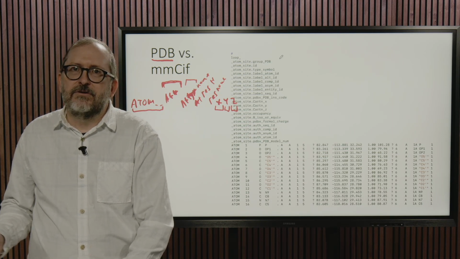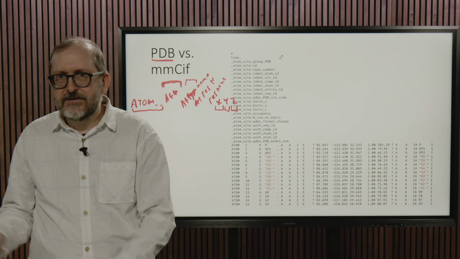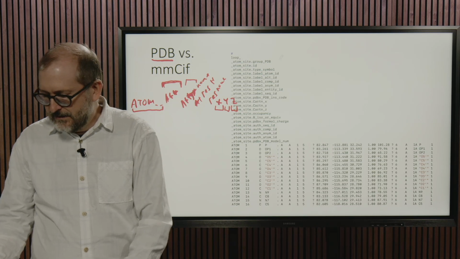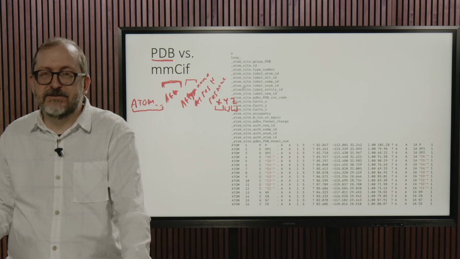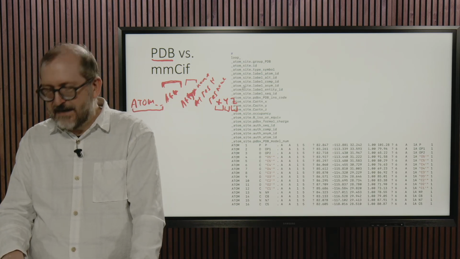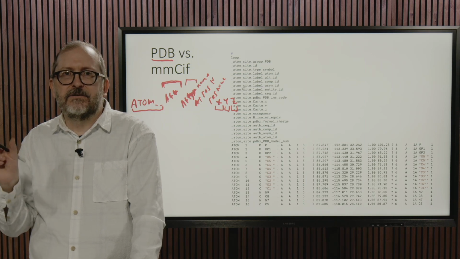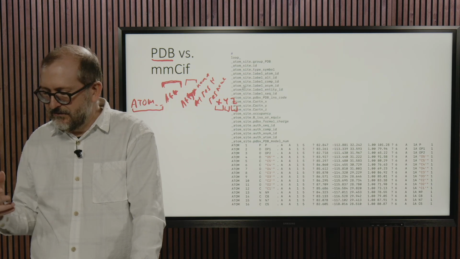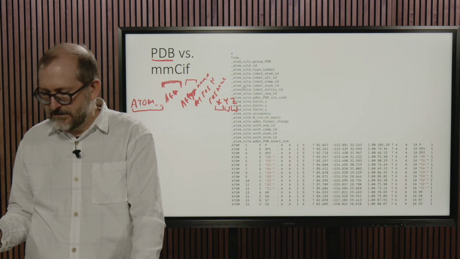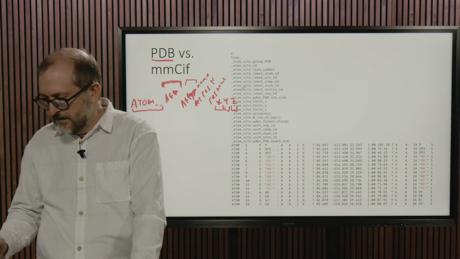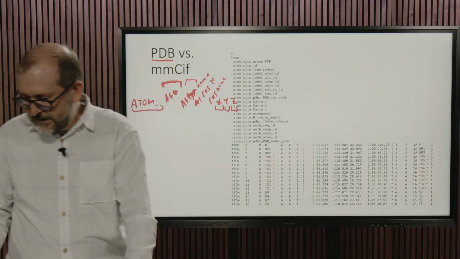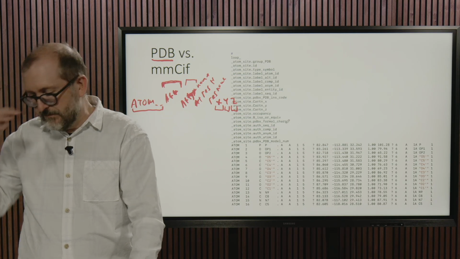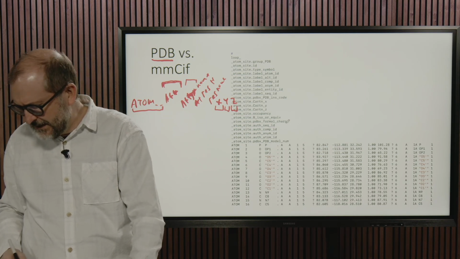Then you'd be out of luck. And people would make up extra new extensions that were only supported by one professor. Actually, I did that also. I came up with ways to hack this limitation on the number of digits in your coordinates. But it's hacky. You can't have that as a sustainable system, right? So extensibility was a problem. No extensibility, basically. So anyway, along comes MMCIF, and it addresses all these problems. It also comes with a new problem, but it does fix all the ones that I named.